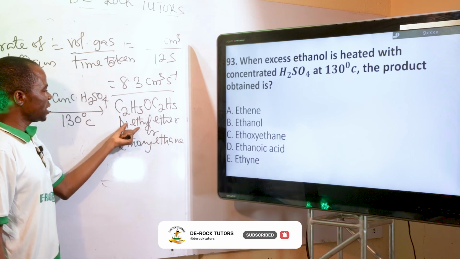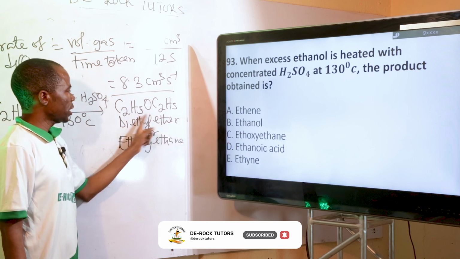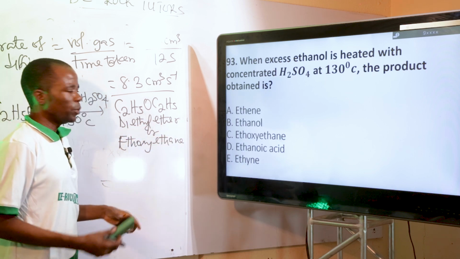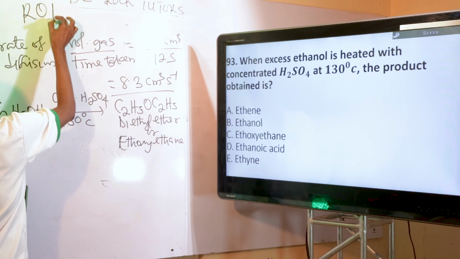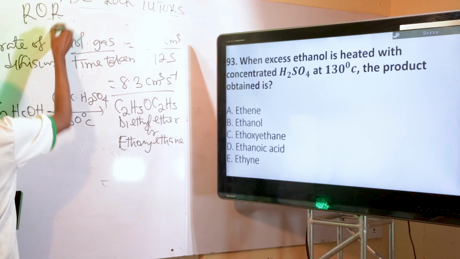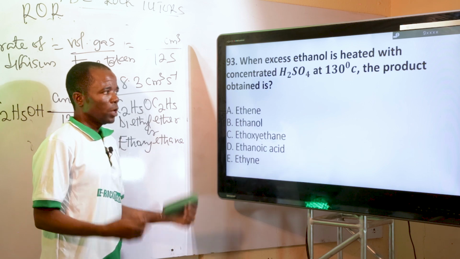It can be called diethyl ether. After all, C2H5 is ethyl, and there are 2 of them, hence the name diethyl ether, because an ether is an organic compound that has the general molecular formula ROR', where R and R' are alkyl groups that can either be the same or different.